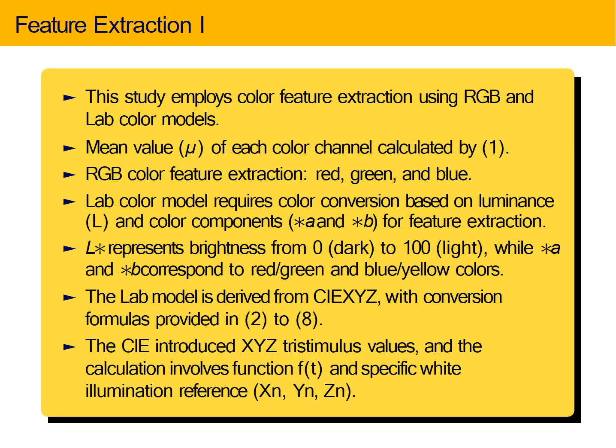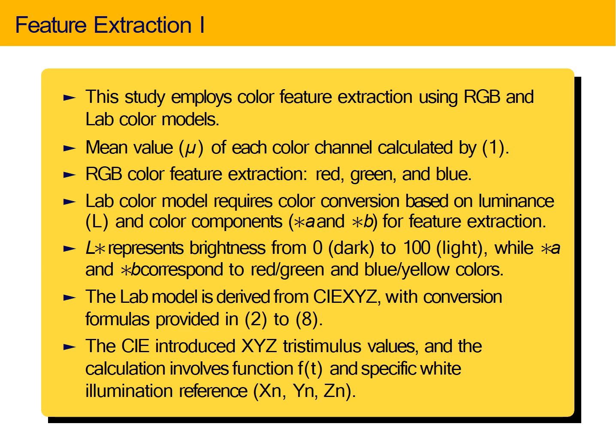Feature extraction. This study applies color feature extraction using two color models, RGB and LAB. In the RGB model, we calculate the mean value for the red, green, and blue channels.